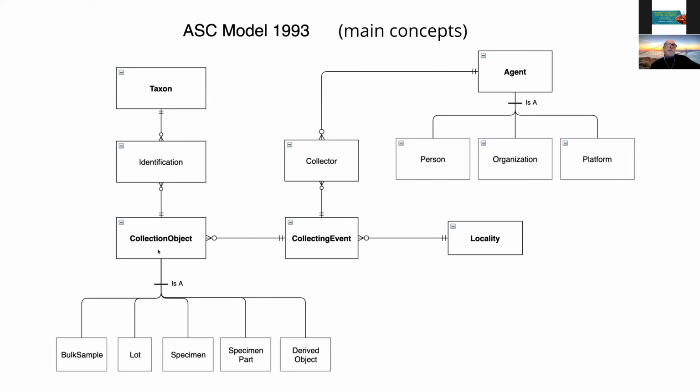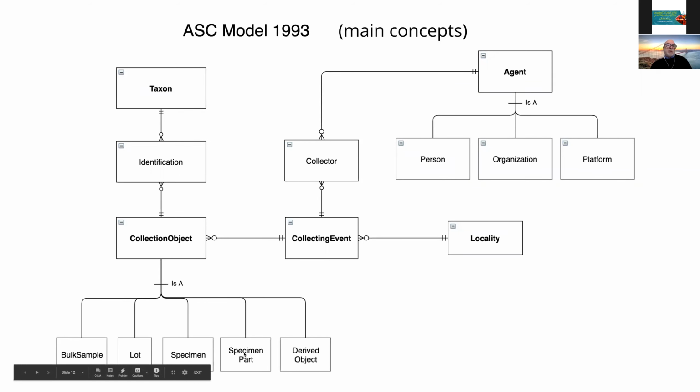And then the other method that is used in entity relationship modeling is subtyping, so that there are many different kinds of collection objects aggregated in a supertype, if you will. So a collection object might be a bulk sample, a lot like a jar of fishes, or a single specimen like a bird, or even a specimen part.